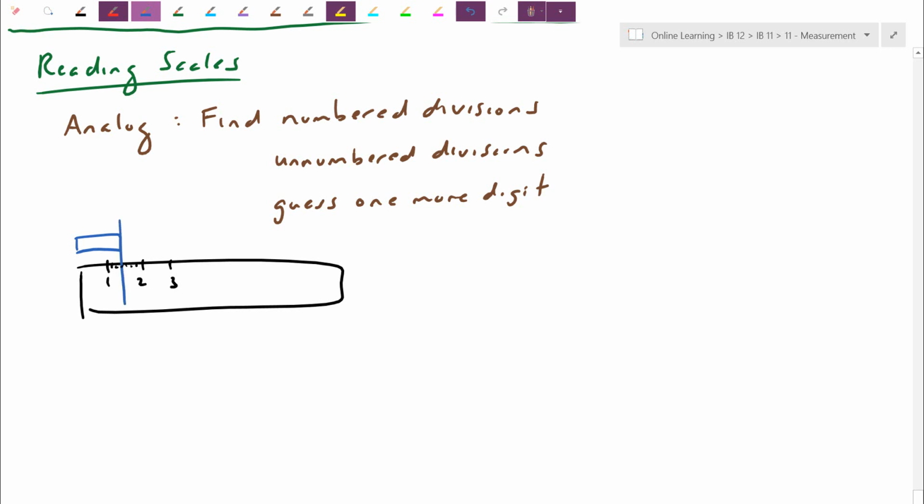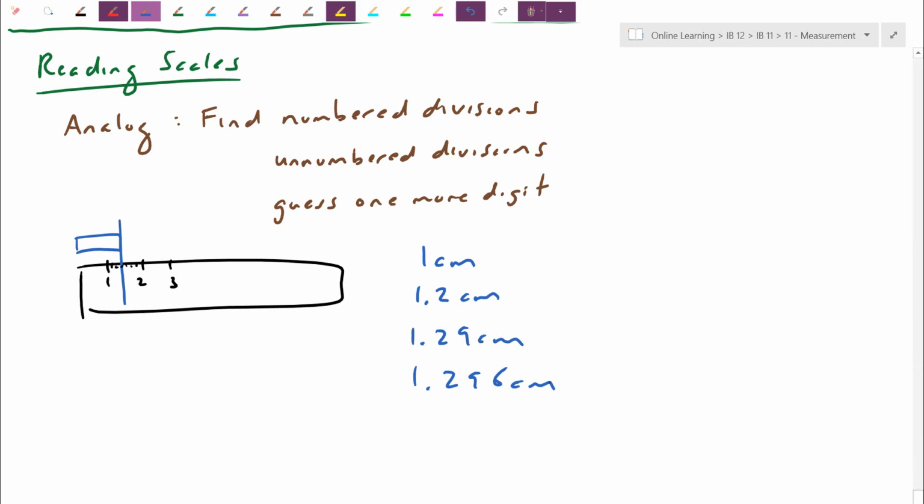Should I say the length is 1 centimeter? Should I say it's 1.2 centimeters, 1.29 centimeters, 1.296 centimeters? You see there's an inherent ambiguity: I know the ruler is there, but how many digits should I be keeping, let alone what should the plus or minus be?